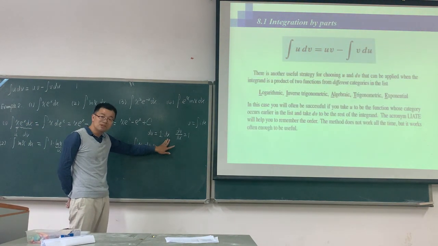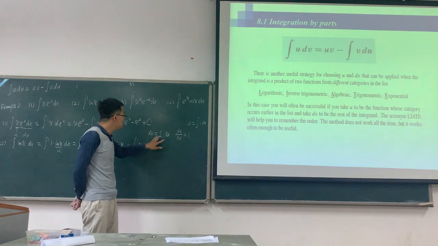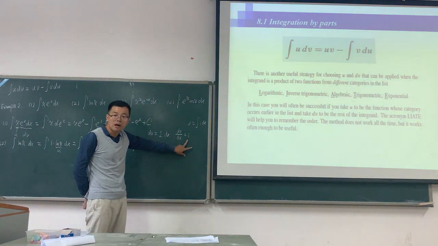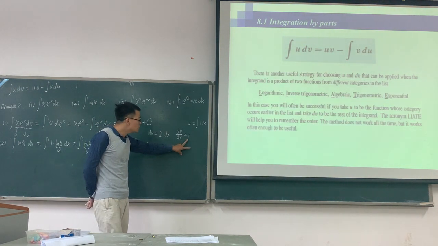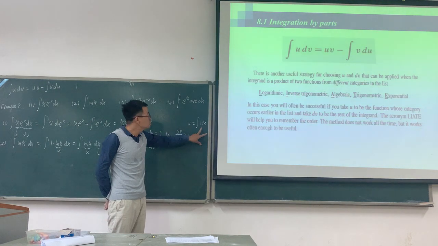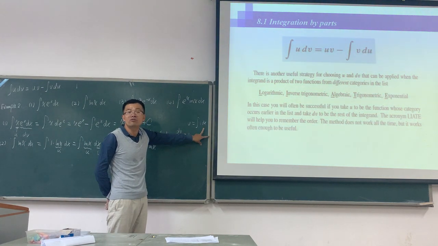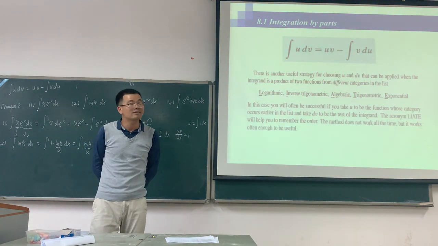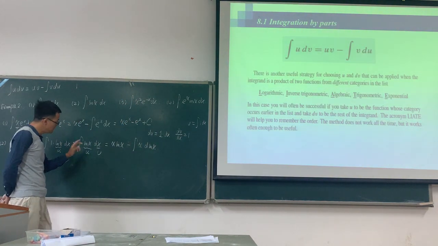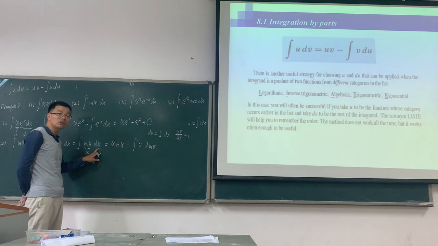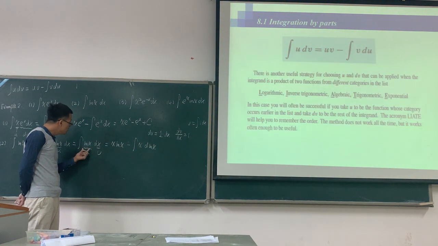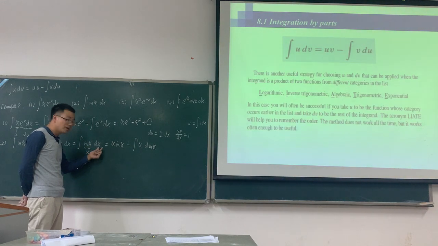We divide by dx on both sides, so dv/dx equals 1. That means v equals the antiderivative of 1. The antiderivative of 1 is x, so v is x, and dv is dx.